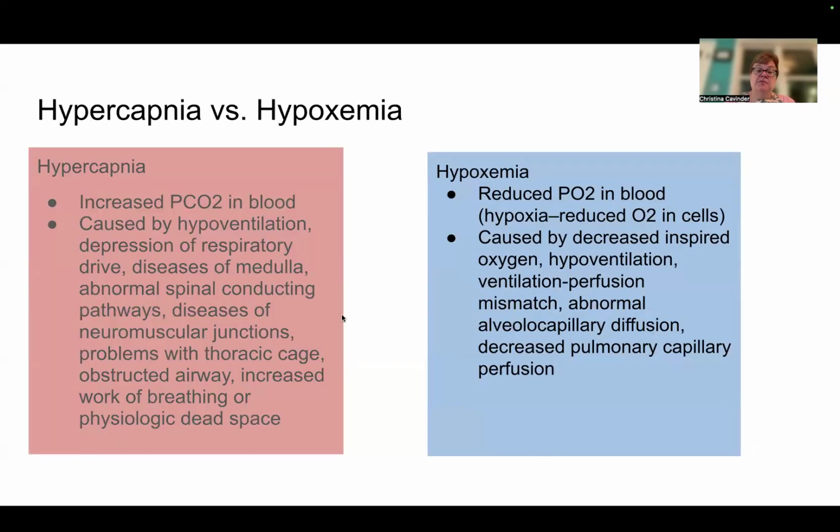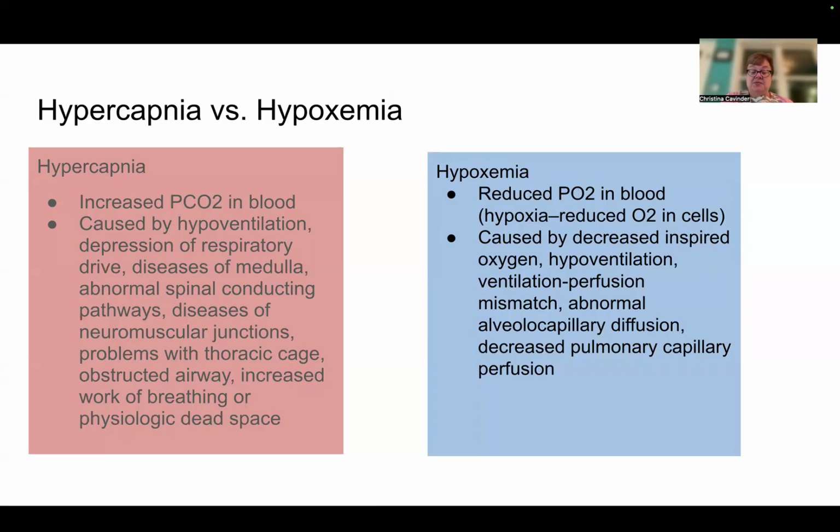Hypercapnia means that you have too much CO2 in your blood. Hypoxemia means you don't have enough oxygen in your blood. So hypercapnia is caused by hypoventilation, depression of your respiratory drive, diseases of the medulla, abnormal spinal conduction pathways, diseases of the neuromuscular junctions, problems with the thoracic cage, obstructed airways, increased work of breathing, or physiologic dead space.